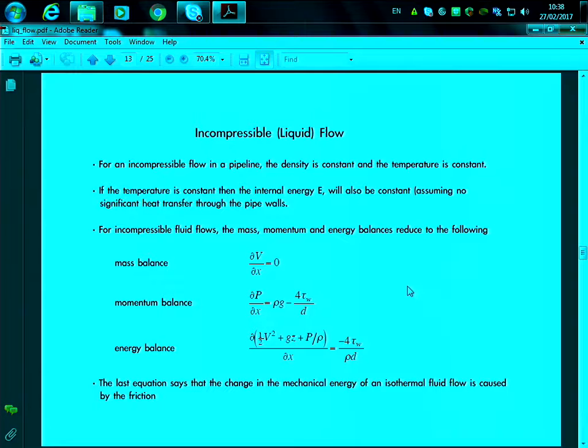This equation says that the change in mechanical energy for an isothermal fluid flow is caused by friction. So the energy balance says that the mechanical energy change for an isothermal fluid is caused by friction only.